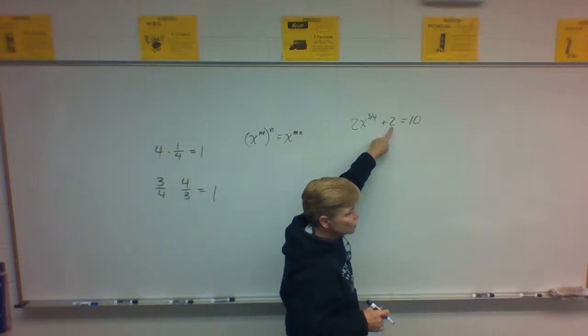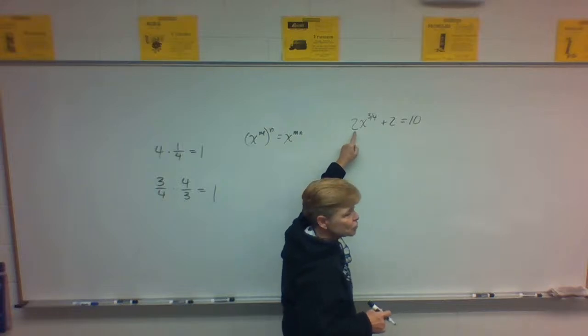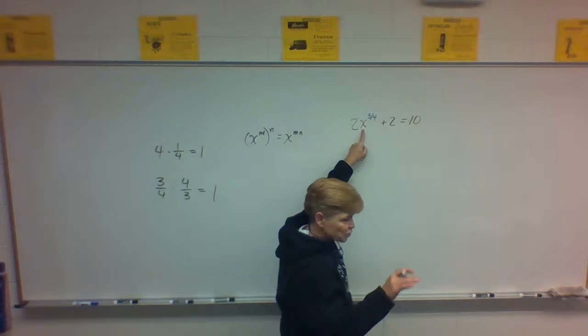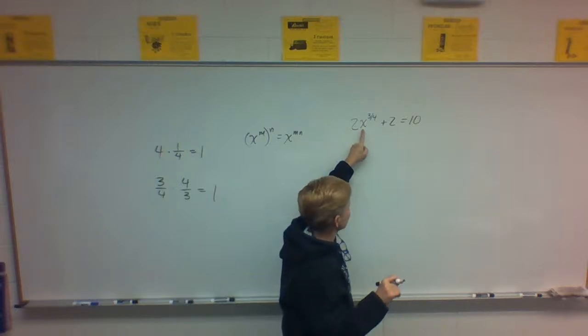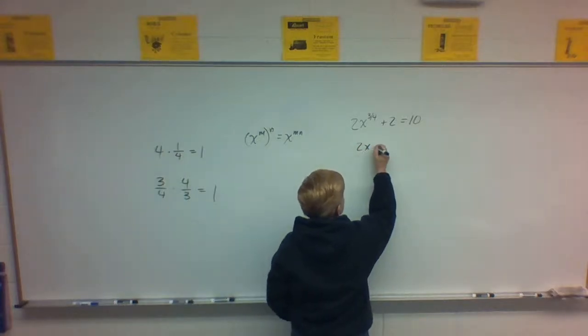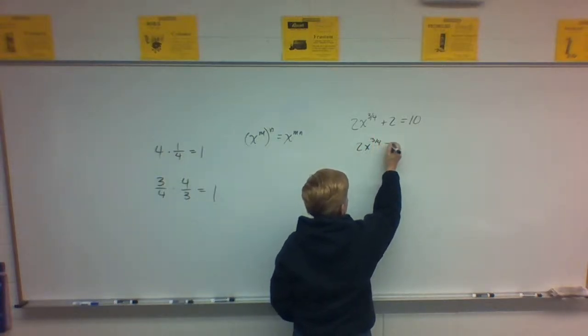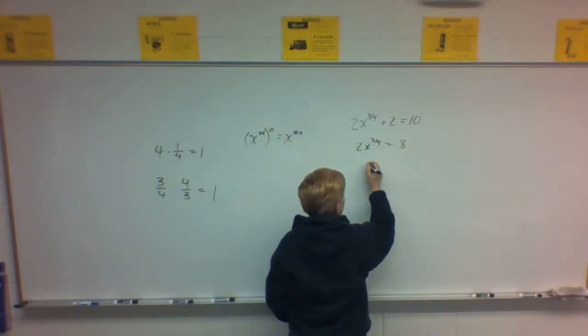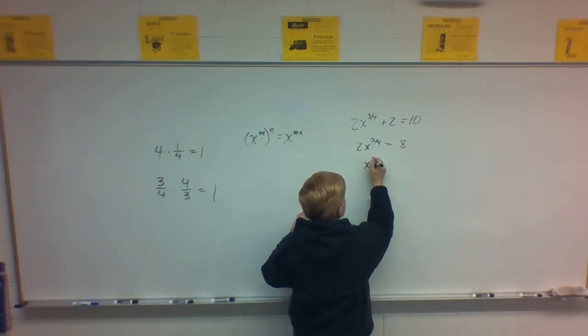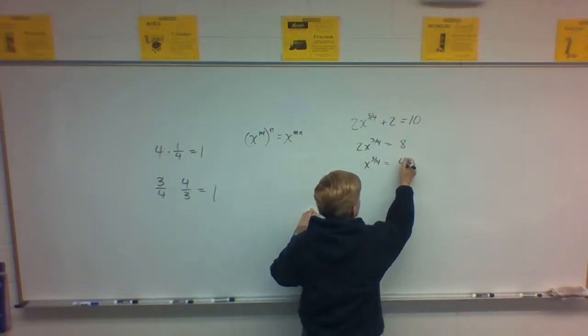I got to get rid of this 2 by subtraction, and I got to get rid of this 2 by division before I'm ready to tackle the radical. That's that first step he was telling you about: isolate the radical first. Well, this is the radical. So I'm going to have 2x to the 3/4 equals 8, and then x to the 3/4 equals 4.